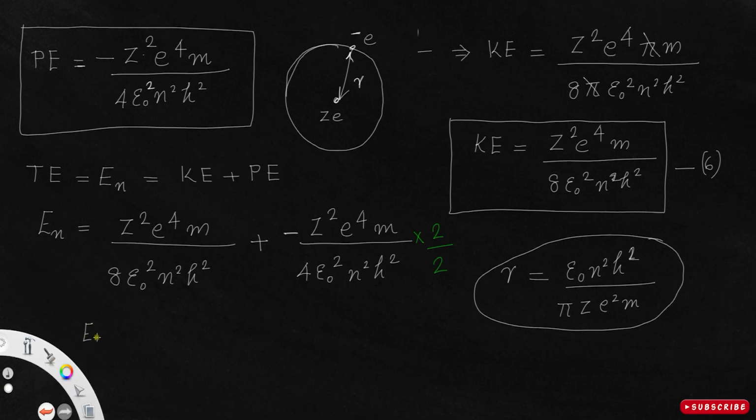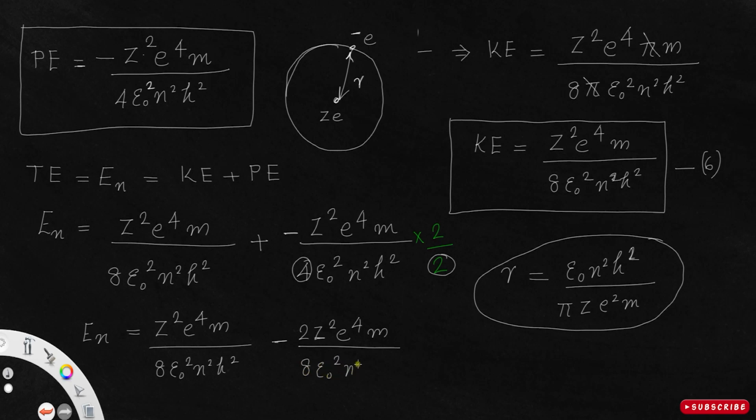So the energy En will be Z square e raised to 4 m divided by 8 epsilon 0 square n square h square, minus 2 Z square e raised to 4 m divided by 8 epsilon 0 square n square h square.